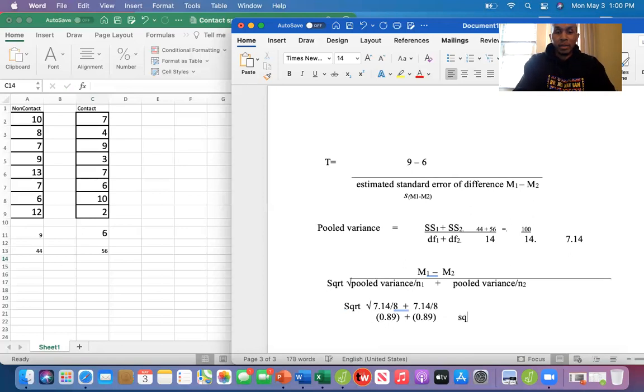So we're looking at the square root of 1.78. And that's going to finally bring us to our estimated standard error of differences between the two sample means.